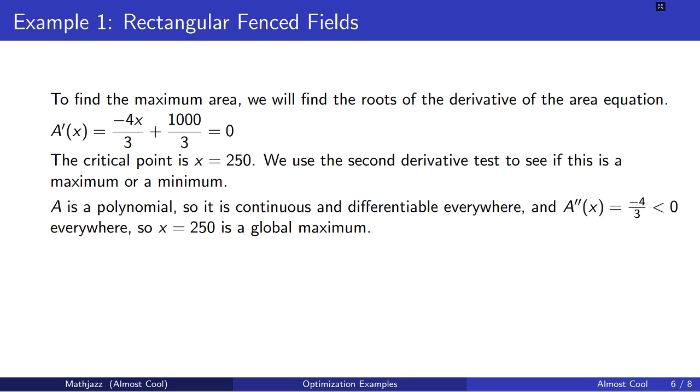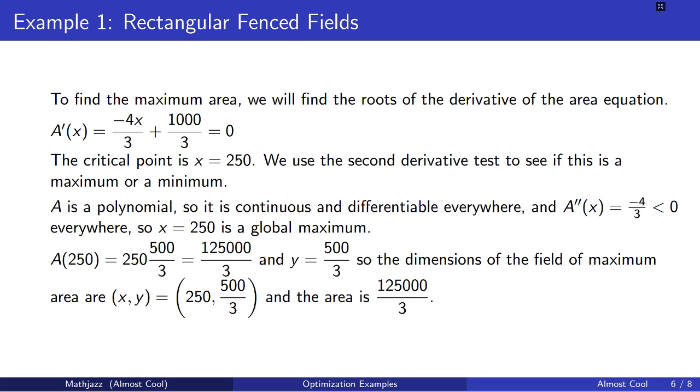So, now that we know that x gives us the maximum area, we can plug 250 into our area equation and get that the area is 125,000 over 3.